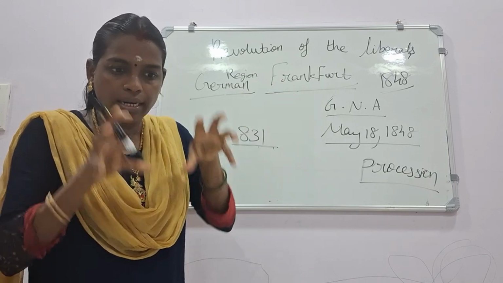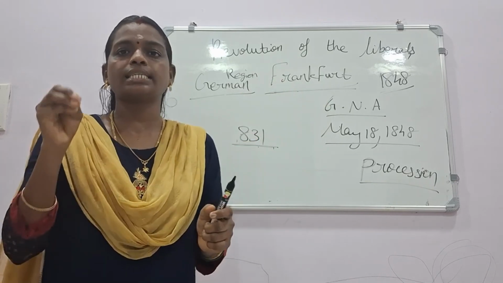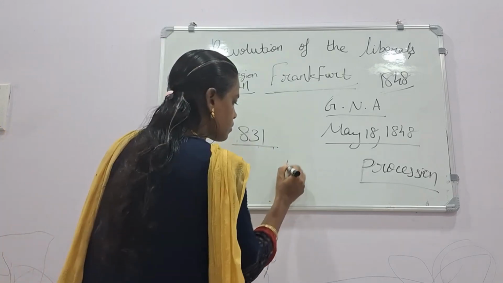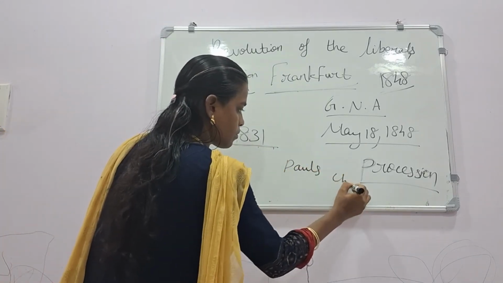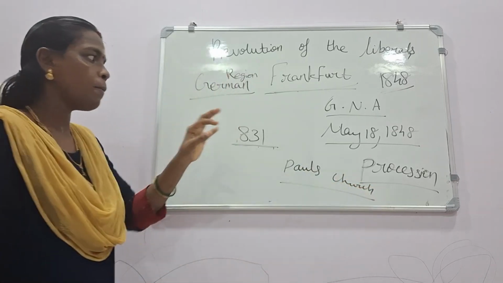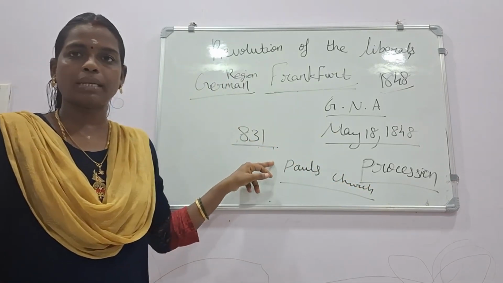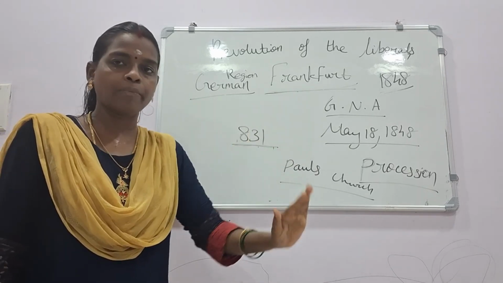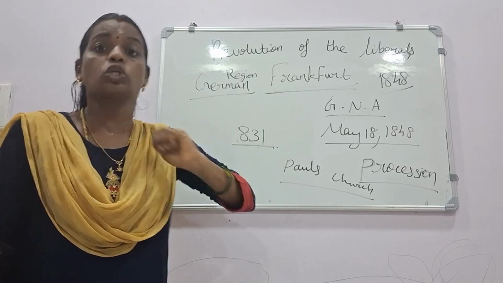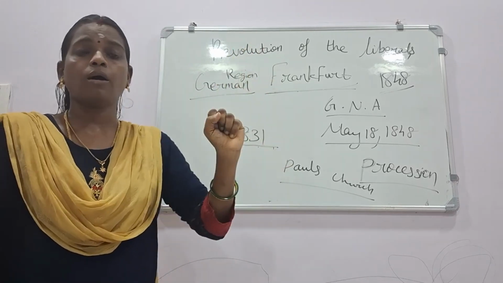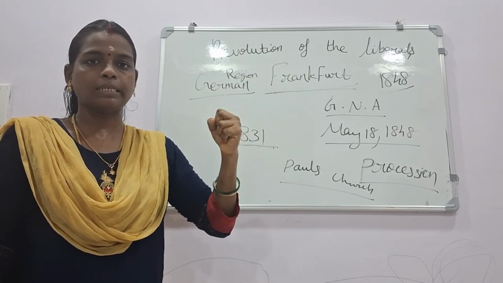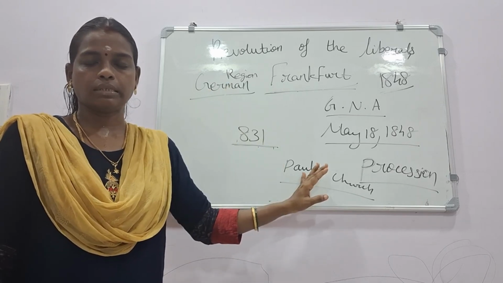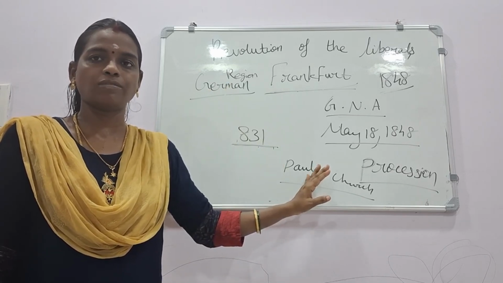And that Parliament on that day was conducted in St. Paul's Church. Actually, all the 831 members were elected to administer the Frankfurt Parliament. But on the first day, to start the work of those members, that meeting was conducted in the Church of St. Paul's.